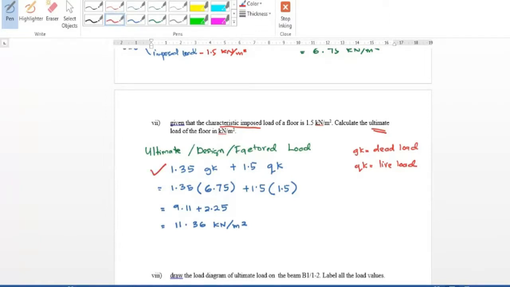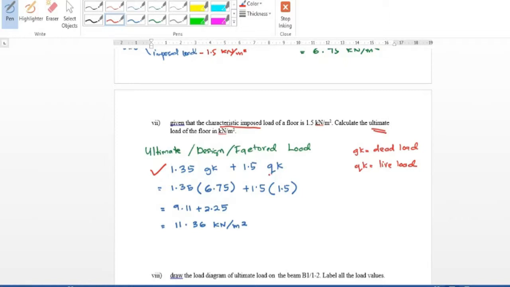Sorry guys, I always say slab because I'm more familiar with the term slab than floor. It's okay, slab is floor. So 1.35 GK plus 1.5 QK is a formula only for the ultimate load of slab, because we have imposed load QK just on the slab.